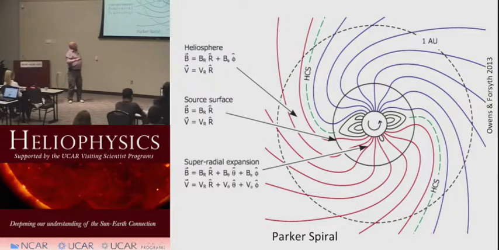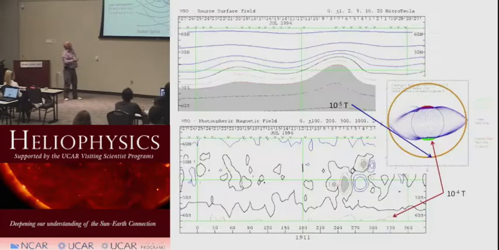However, Owens and Forsyth have drawn the fact that if we were just looking at this equator, we would see places where the magnetic field is coming out, going in, coming out, right? The boundary between outward and inward is not the equator or the ecliptic.